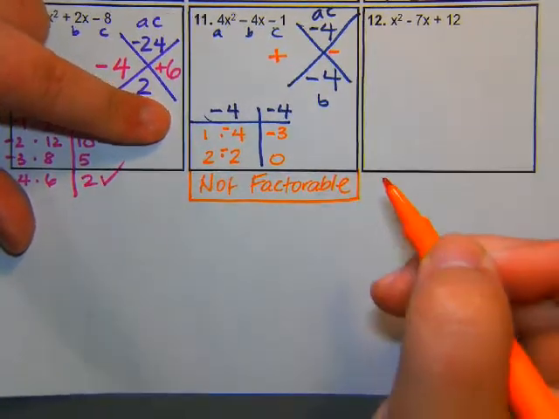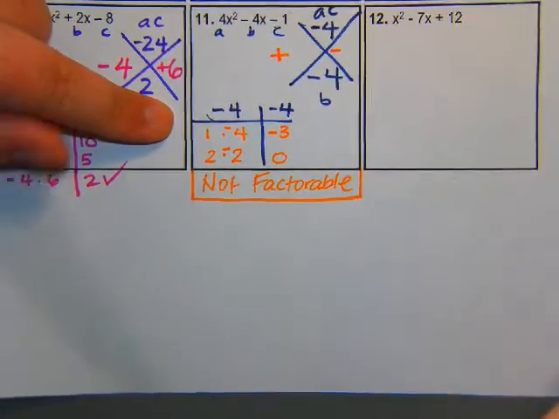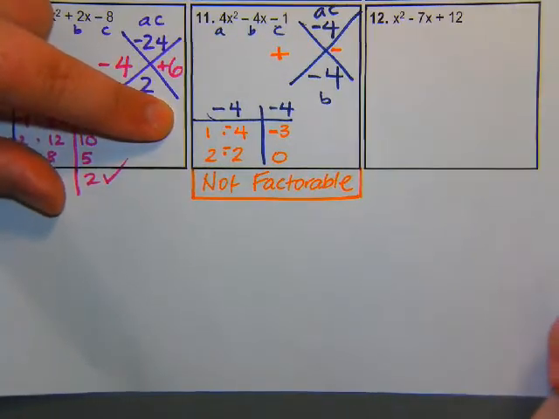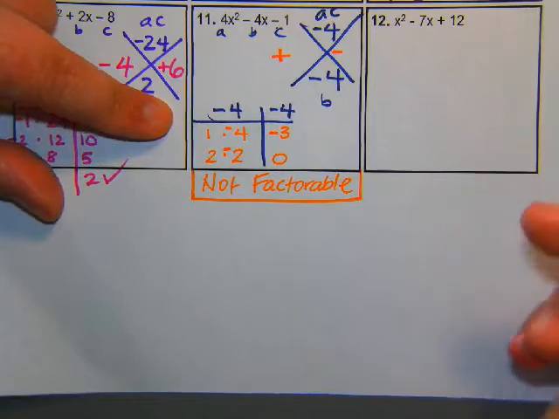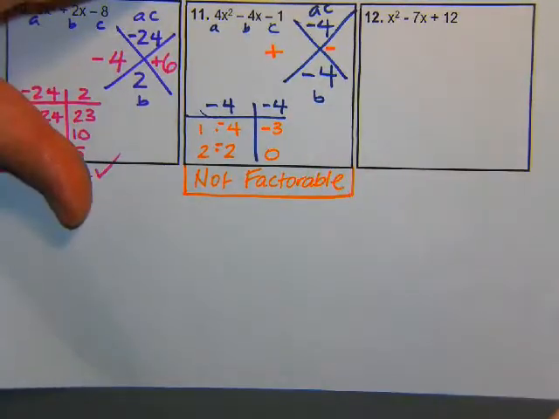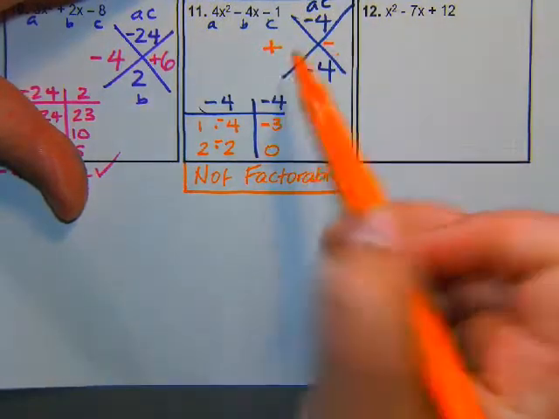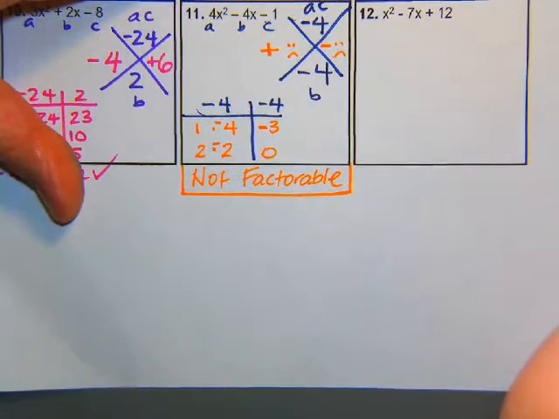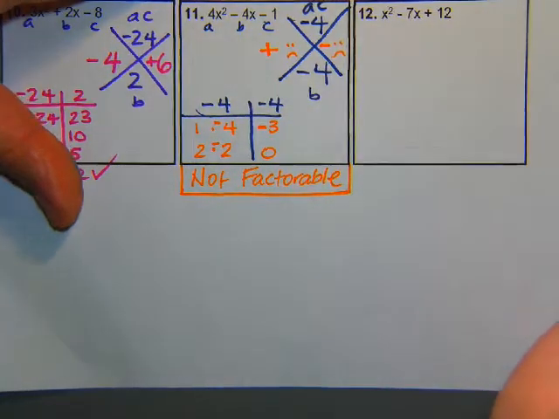But if you're pretty sure you've done it right and you can't find it, then the answer is not factorable. Now remember, don't just start putting not factorable on everything, but sometimes it happens. Just like sometimes you have no solution or infinitely many solutions, you can have something that's not factorable, meaning these numbers don't exist. Oh, there's no possibilities, at least not whole numbers.